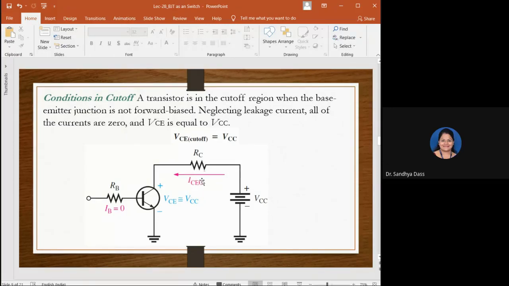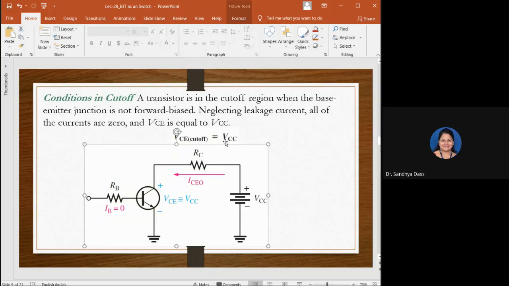At this condition, the leakage current can be almost neglected. There is no collector current, but the voltage VCE will be equal to the applied voltage VCC. This is a condition you have to clearly understand.